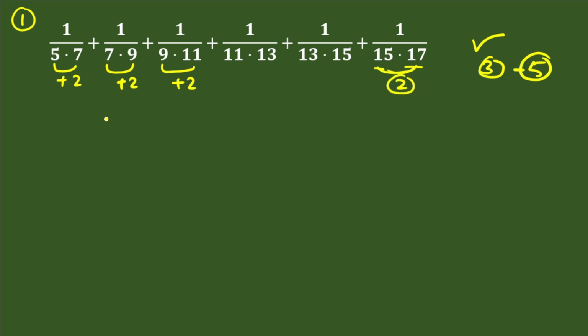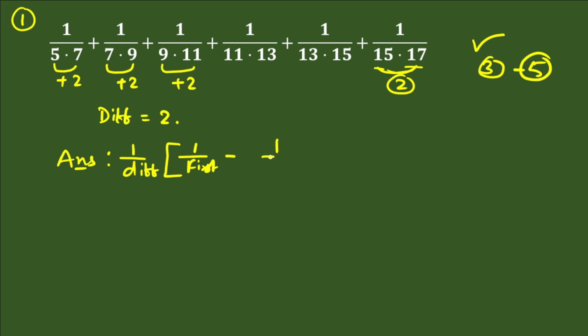So here we have calculated the difference, that is the difference between the denominator values is 2, and the formula is, the answer of this problem will be 1 divided by difference, multiplied by 1 divided by first term minus 1 divided by last term. This is the formula and answer of this problem.